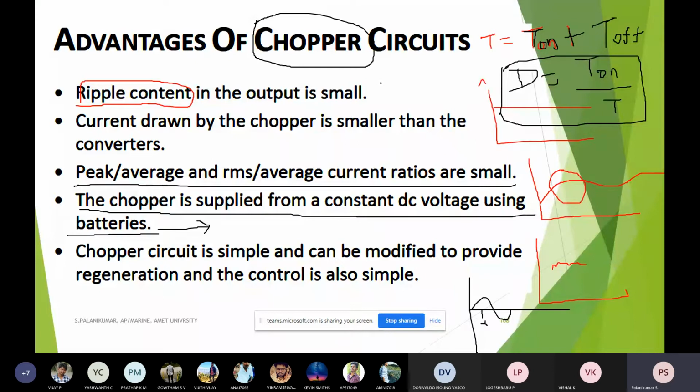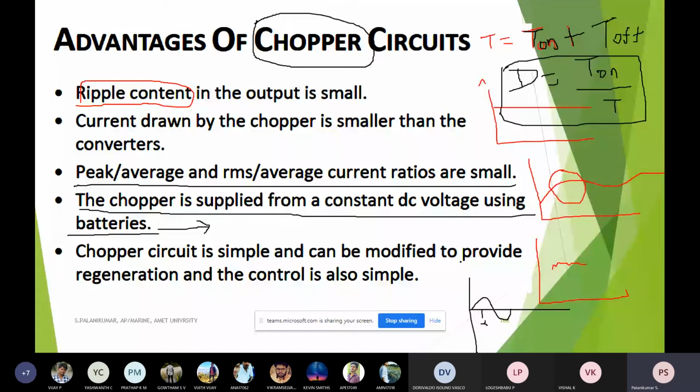When it is about to be fully charged, it shows 12 volts. This is the very important feature of the battery that facilitates the chopper being implemented in hybrid and electrical vehicle applications. And this is a chopper circuit.